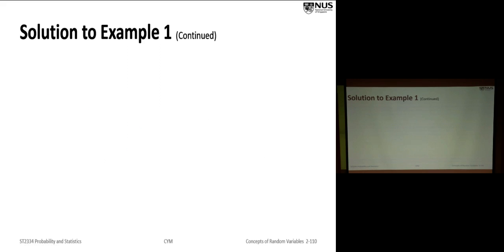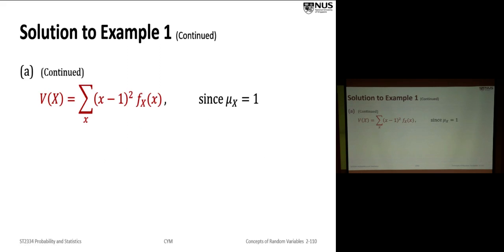For the variance of x, according to the definition, it is x minus the expectation of x, which we worked out to be 1, squared, times the corresponding probability function, summed over all x.